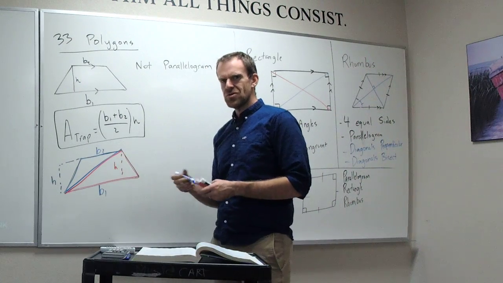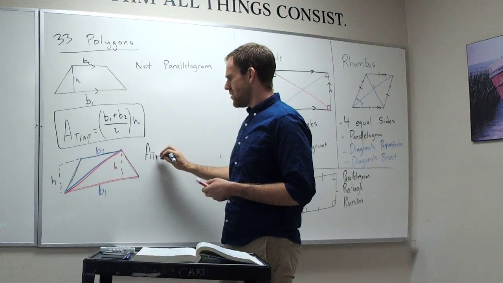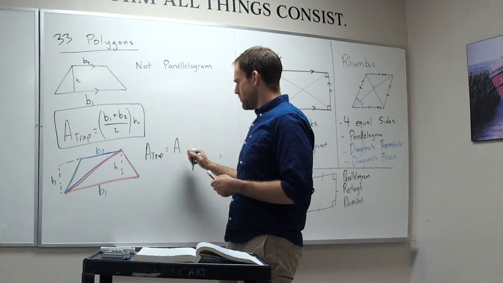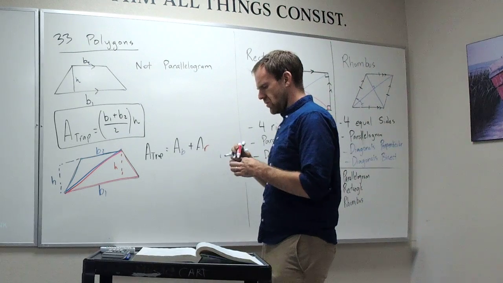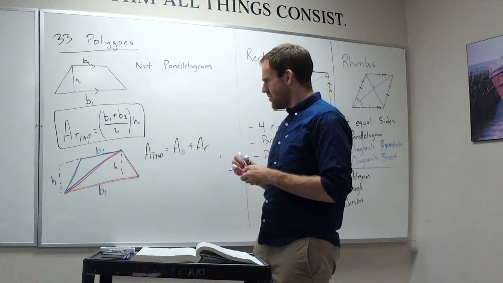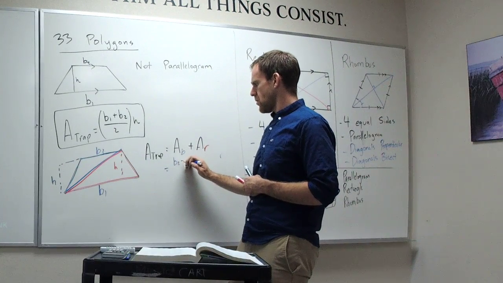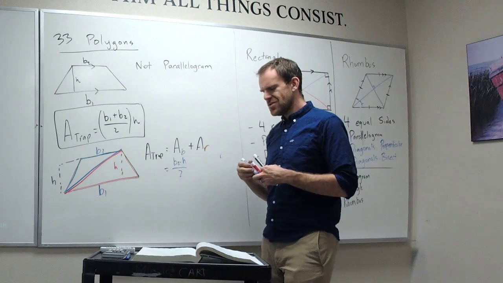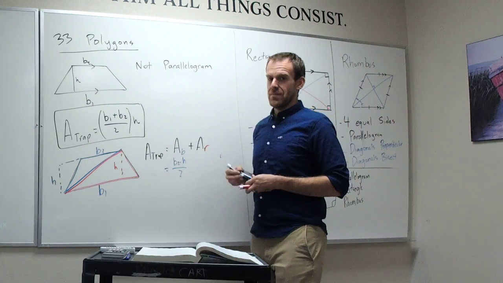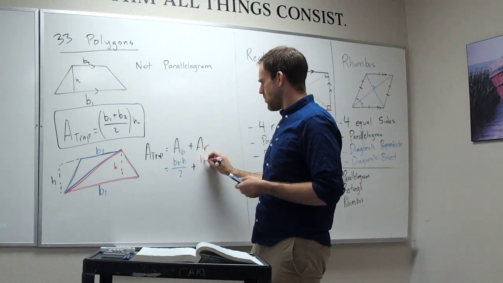What's the area of the blue triangle? Well, the area of the trapezoid is area blue plus area red. The area of the blue triangle is base times height over 2. And the area of the red triangle is base times height over 2. In this case, base 1.